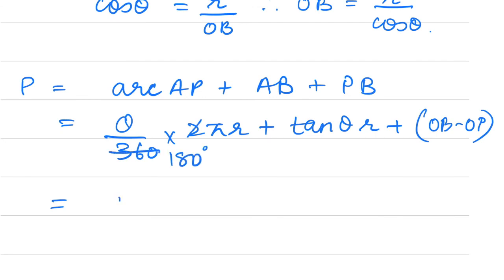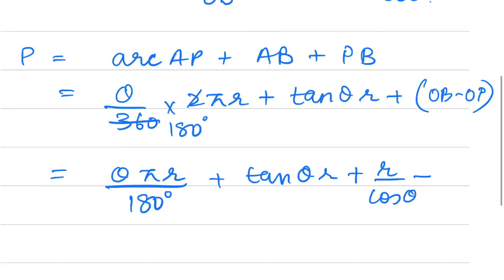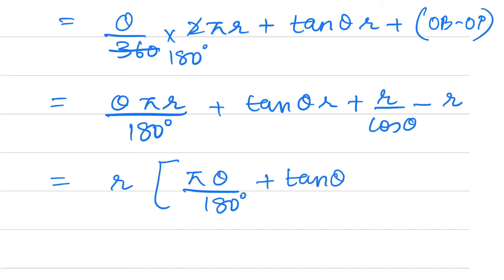So we have pi theta r divided by 180 degree plus tan theta r, and OB we have as r by cos theta minus OP is again r here, and we see r is common everywhere, so r pi theta by 180 degree plus tan theta plus 1 by cos theta I can write down as sec theta minus 1.